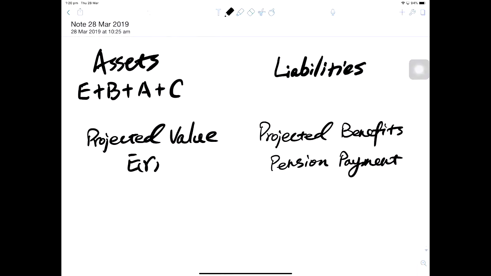With DB funds, we have on the left the assets, that's the portfolio, that will require your input of asset allocation. And we're going to have several rough asset classes like equity, bond, alternative, and cash.